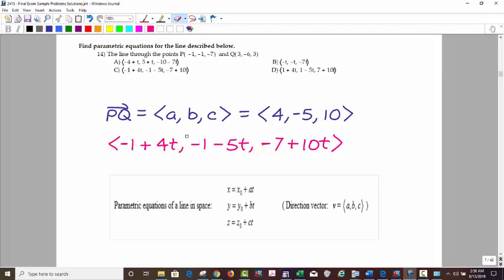So they're using negative 1, so it's negative 1 plus 4t. The next one's negative 1 minus 5t. And negative 7 plus 10t.